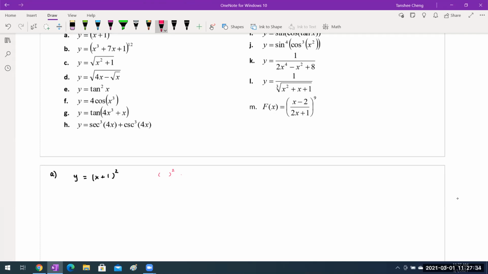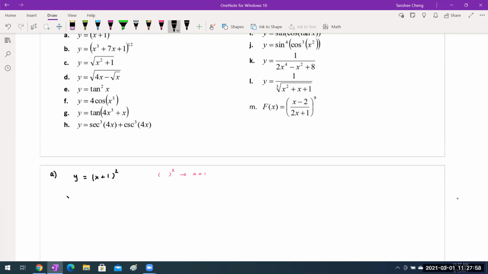And the next one will be what? The inner function is x plus 1. So when I take the derivatives, I will take the derivative of the outer function, the power function, first, and then times the derivative of the inner function, right? So this is the order that I will try to write down and see myself until I feel comfortable and thinking about it mentally.